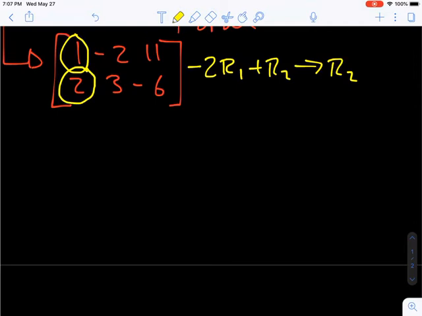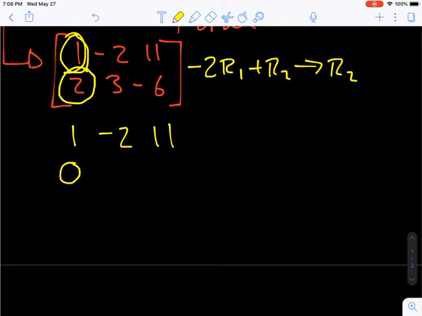So the first row is not changing. I always like to write down the things that are not changing. I'm not doing anything to row 1. It stays the same. Row 2, however, I'm going to take -2 times this 1, and then I get a -2. Added to 2 is 0.